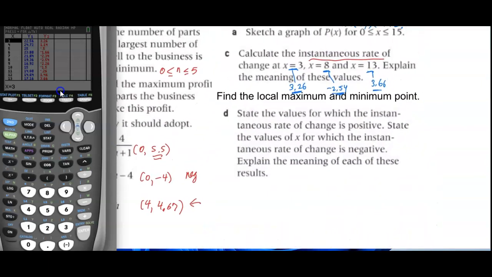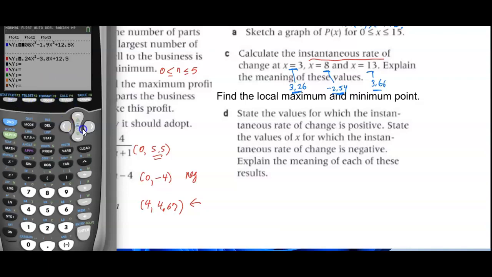Okay. Part D. We need to find the local maximum and local minimum points. So let's do that. First of all, we don't want to graph the red function because it's very confusing to see the blue function and the red function together. So we're going to turn that off. Then we graph, and we're going to do second calc max.